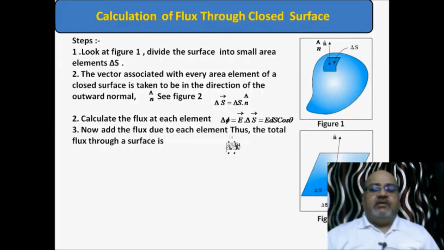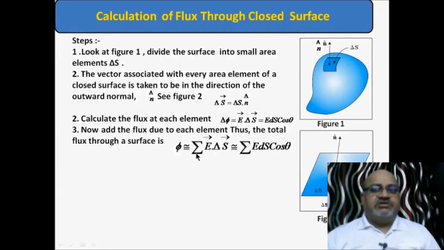By adding all the fluxes, the total flux with this closed surface will be approximately equal to the summation of all delta phi's, or say summation of E dS cos theta.